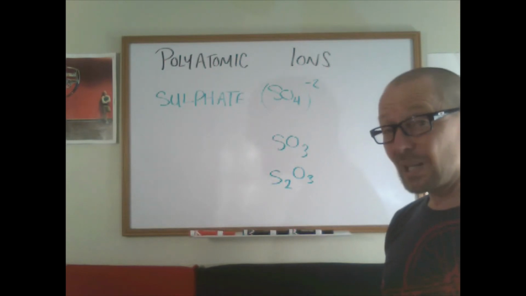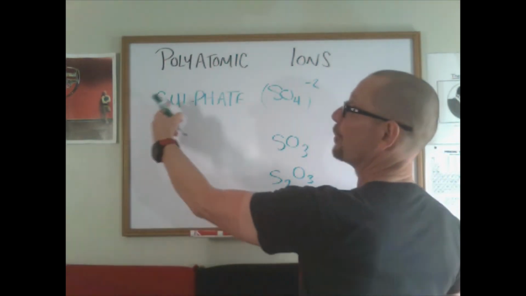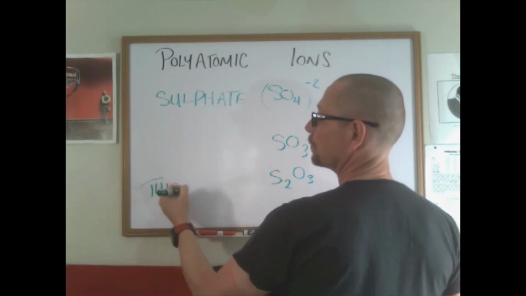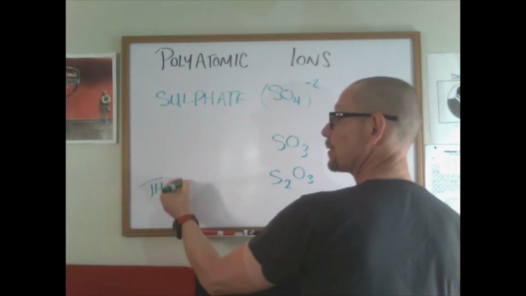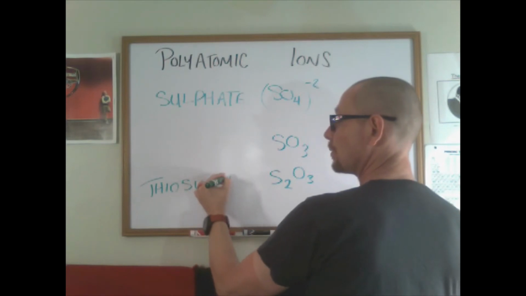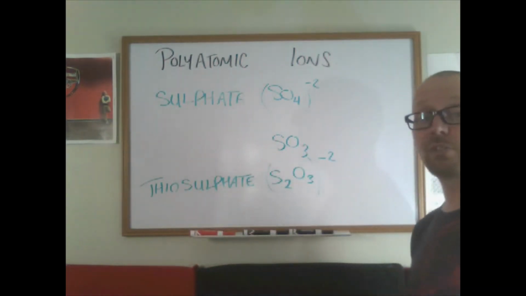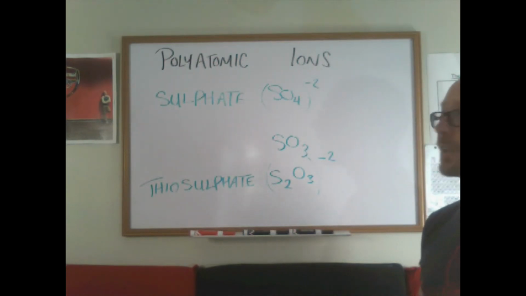And when that happens, the prefix becomes thio. So now we have a thiosulfate. Again, oxidation state remains the same. That's what a thio is.